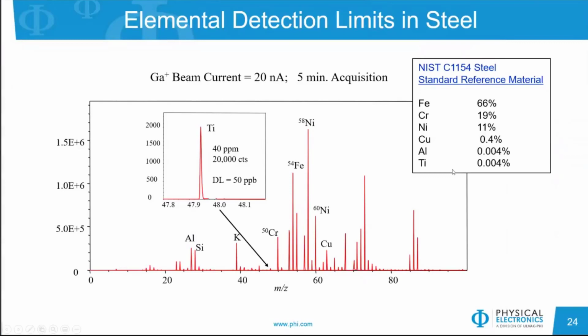To highlight the sensitivity of TOF-SIMS, I just really want to point out that titanium is 0.004% atomic concentration in this sample. If you zoom into the titanium peak, you can see that you get counts from it, and you can get excellent detection limits, up to 40 parts per million with a detection limit of 50 ppb. So you can get excellent detection limits within a relatively short time, 5 minutes.